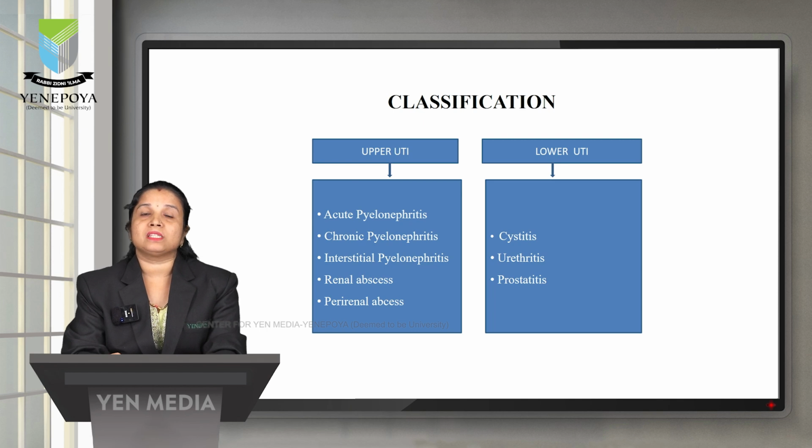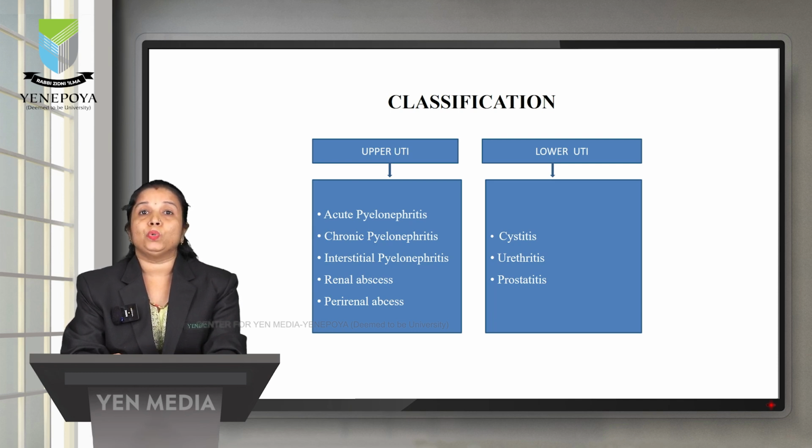Next, move on to the classification or types of urinary tract infection. It has been classified into two types: upper urinary tract infection and lower urinary tract infection. In upper urinary tract infection, the infection has spread into the upper urinary tract, which involves acute pyelonephritis, chronic pyelonephritis, interstitial pyelonephritis, and if there is a collection of pus in the kidney, that is called renal abscess and perirenal abscess.